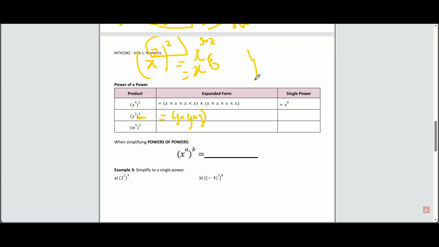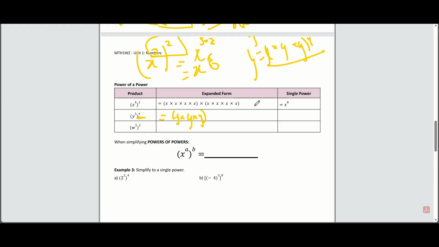If we have y to the power of 3, that means there are three y's, and then we're saying that is repeated four times. Instead of saying y to the power of 3, we have y times y times y inside the bracket, being multiplied by itself four times.